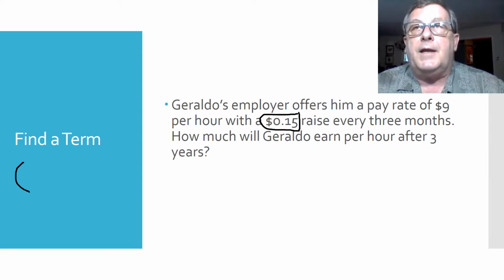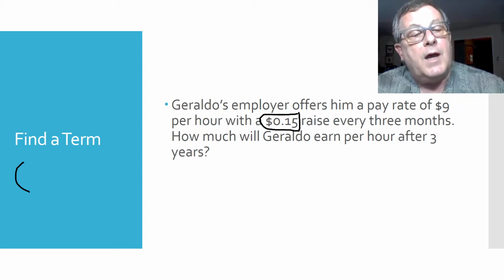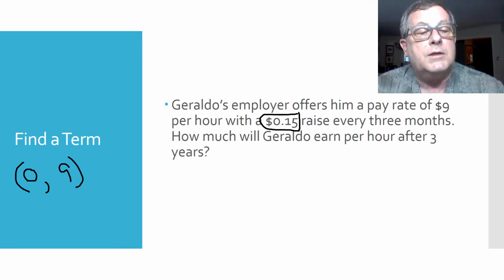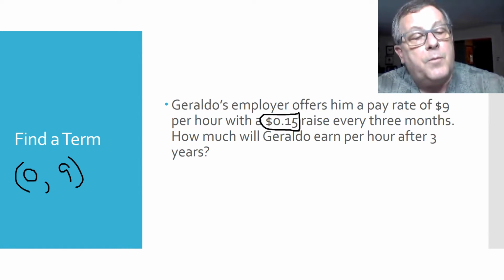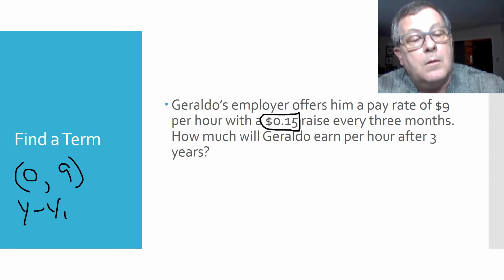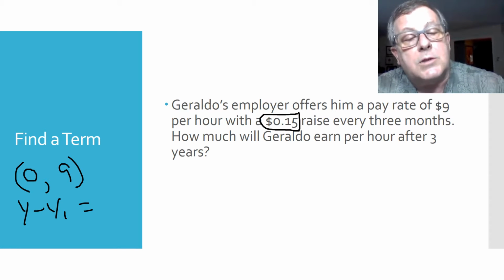And if I think about that, he starts, I could say, okay, well, X, the independent variable when he starts, and we'll call this at the beginning 0, he earns $9 an hour. And so I could say X1 is 0 and Y1 is 9. If you remember point slope, it's Y minus Y1 equals slope times X minus X1.